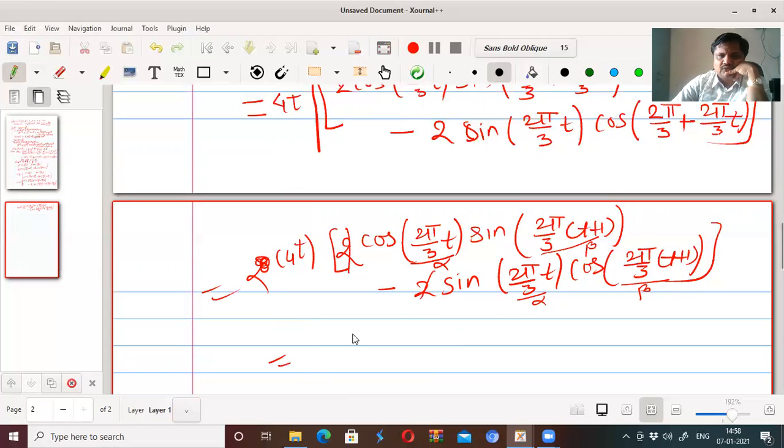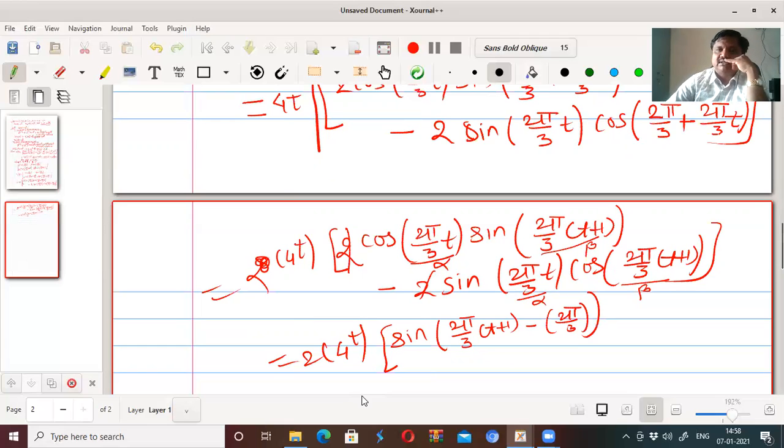So 2 into 4 to the power t into bracket cos alpha sine beta minus sine alpha cos beta. We know it is the formula for sine of beta minus alpha. That means 2 pi by 3 t plus 1 minus 2 pi by 3 t.